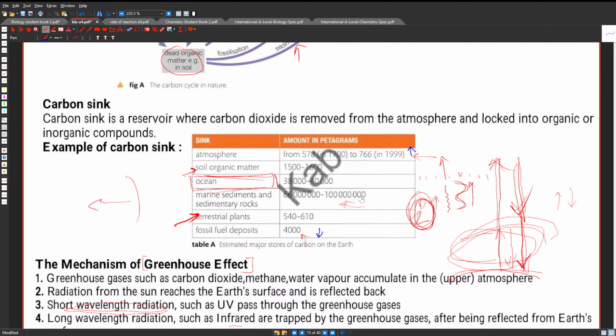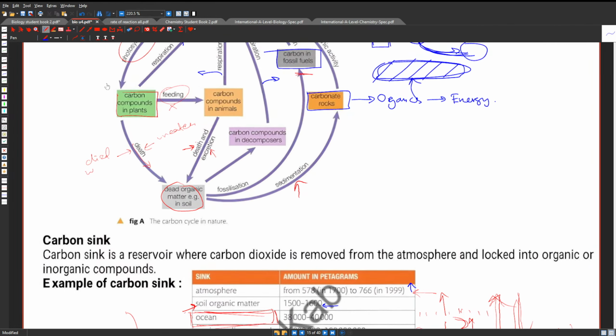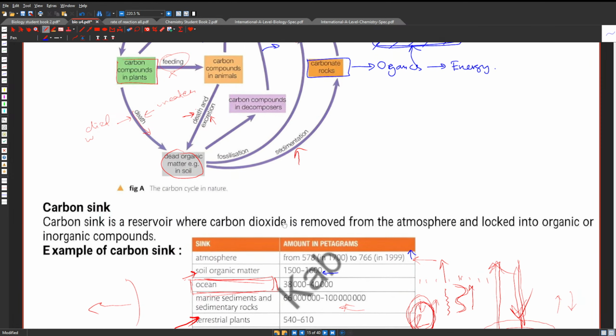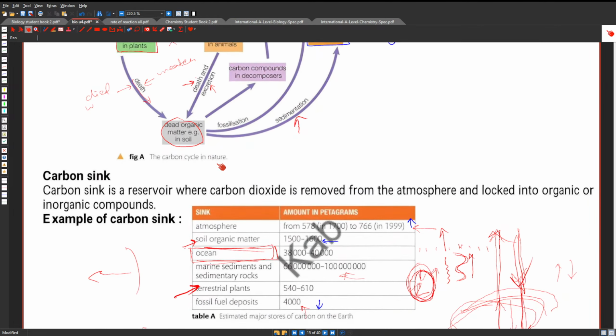That's an insane number, no? Ocean also has a lot. Soil organic matter has a lot more than terrestrial plants, because this is where the decomposition occurs, when you have the dead organic matter inside the soil, of both your producers and consumers. However, this decreases over time as you have decomposers taking that and respiring with it, so that carbon goes out as CO2.